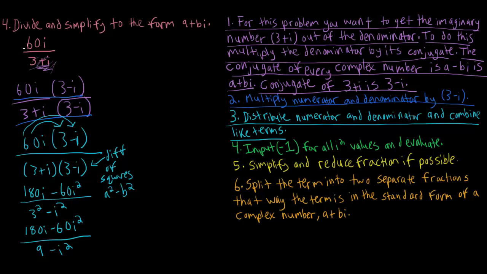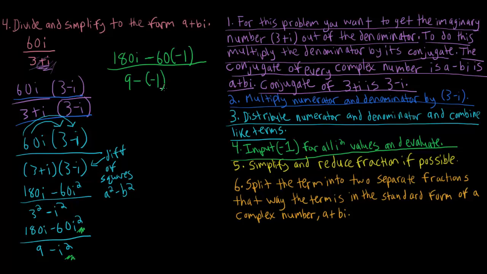And then step 4, we want to input negative 1 for all i squared values and evaluate. So you have 180i minus 60 times negative 1 for i squared, over 9 minus negative 1.